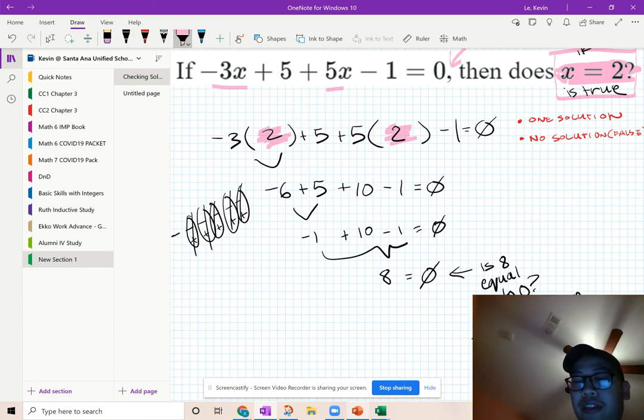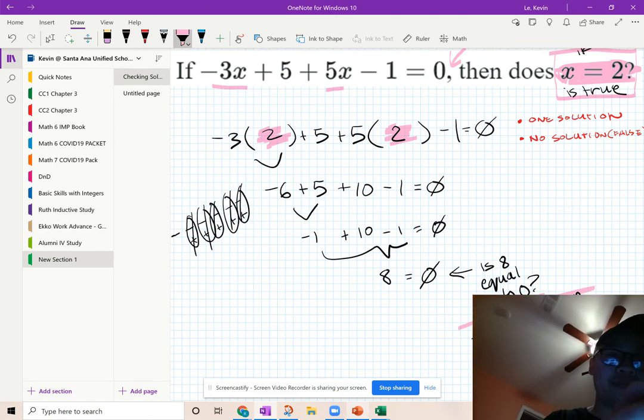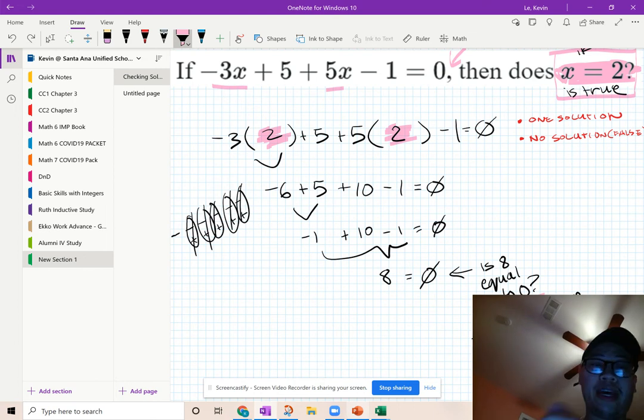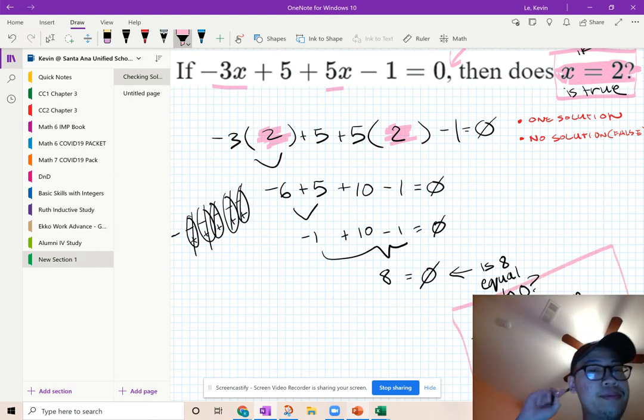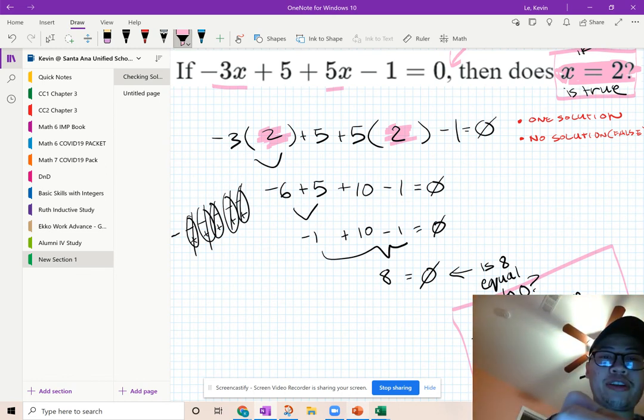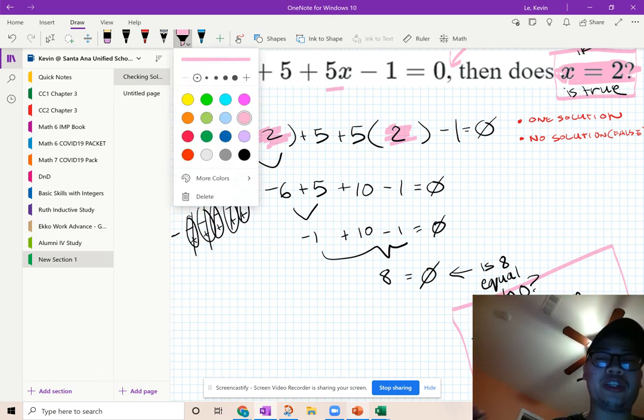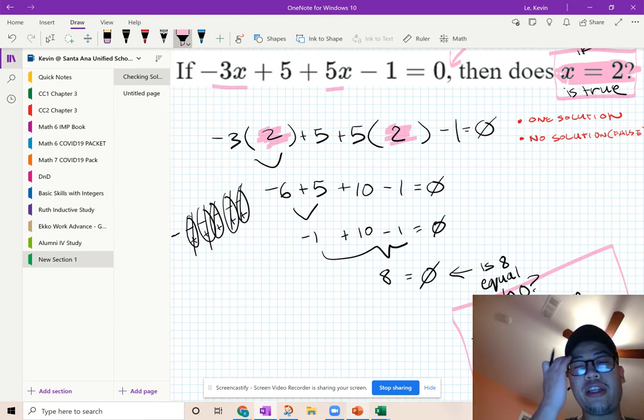If you got that, then you definitely figured it out. So therefore, x is not a solution. This is the key idea, and then you're done.